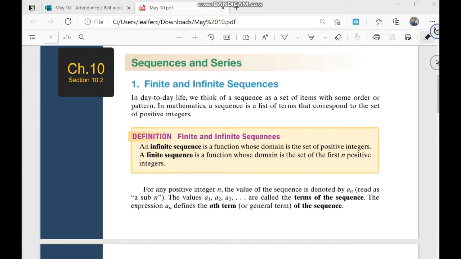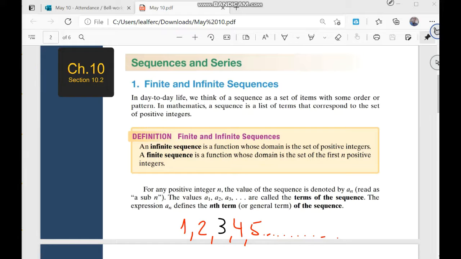We have two main kinds of sequences. One is finite, another one is infinite. If we talk about, for example, the sequence of natural numbers, and natural numbers are 1, 2, 3, 4, 5, and this will go on and on and on, right?